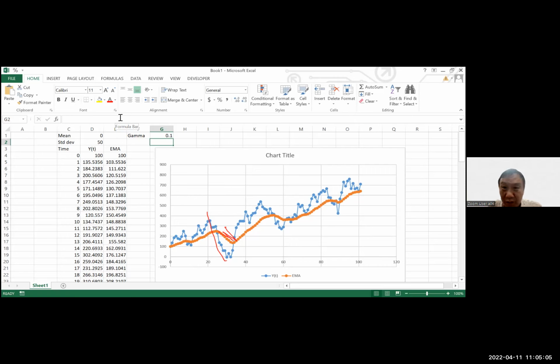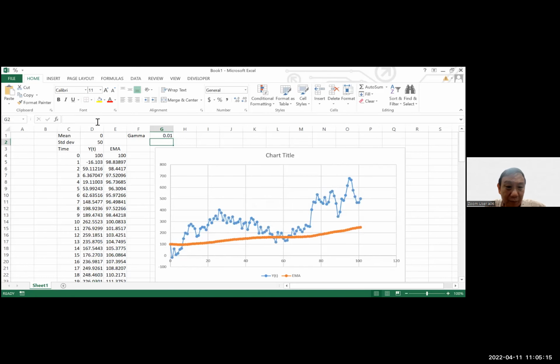If you want it smoother, you can change this gamma to 0.01 or 0.05. Try. Okay, so then it becomes smoother, very smooth. But because of the smooth pattern of the EMMA, the delay is so much.